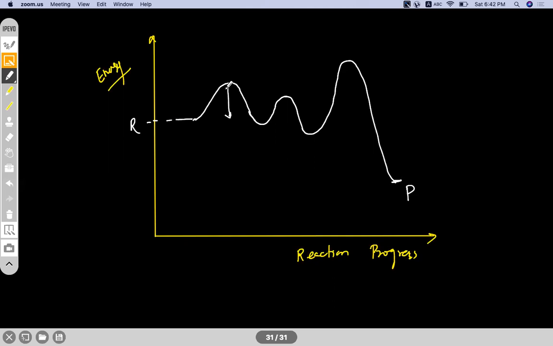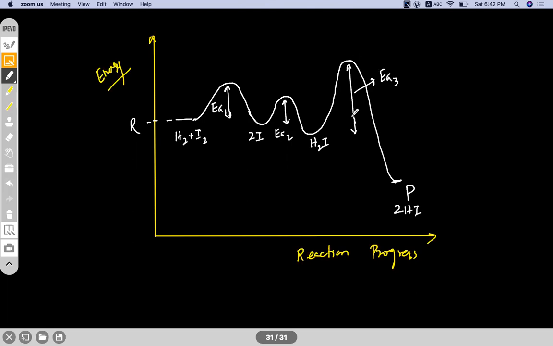This is the activation energy of the first step, EA1. This is EA2, and this is EA3. So we start with H2 and I2, the first intermediate is 2I, then H2I, and then 2HI.